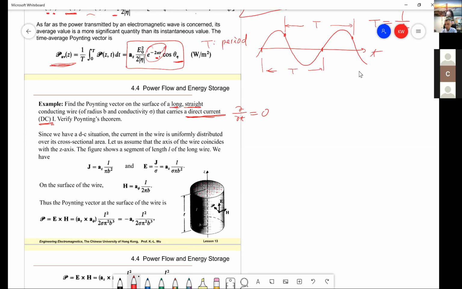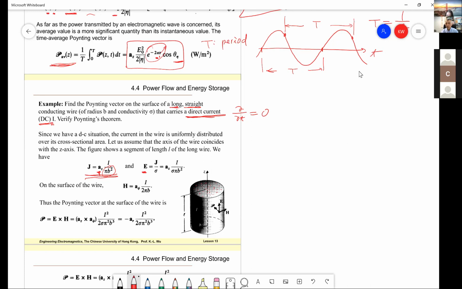The reason we like this is I can find the current density function, which is uniform: total current divided by total area of the cross-section, flowing in the z direction. Then, because we have conductivity, the current is driven by the electric field. Then we can find the electric field.